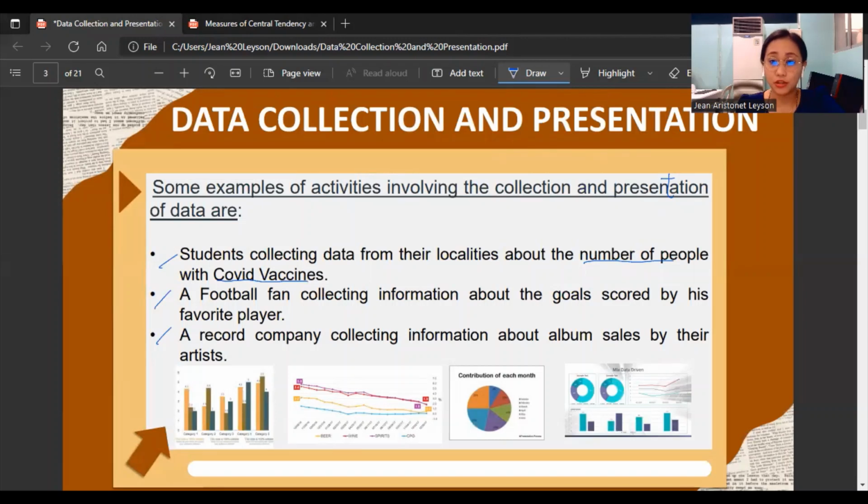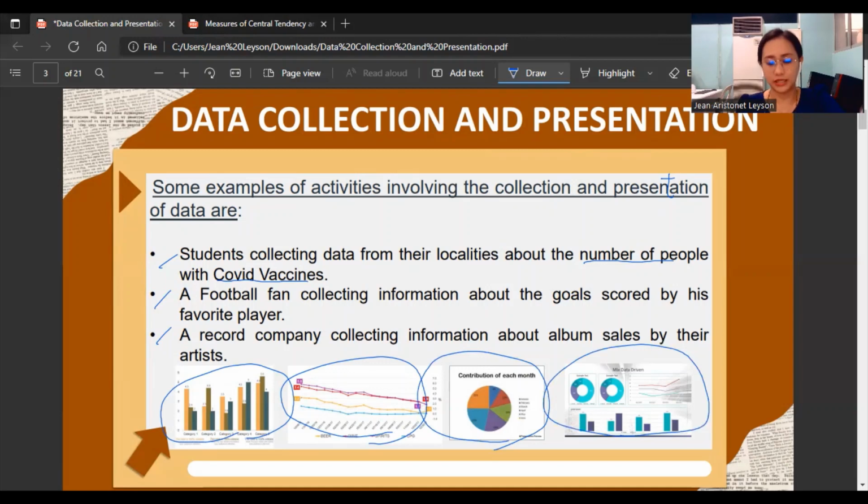They can call the stores wherein the albums were sold and ask how many sales have been made since the album was released. So these are just some examples of data collection and presentation.